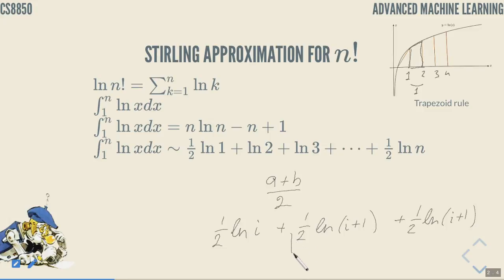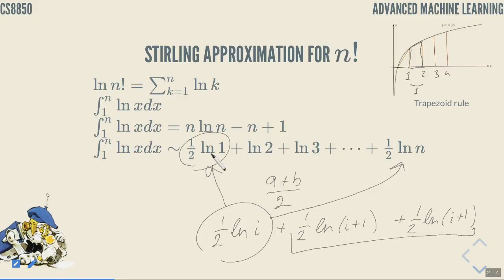That's why those sum up, but the ends don't sum to the whole logs. However, this is 0 because log of 1 is 0.